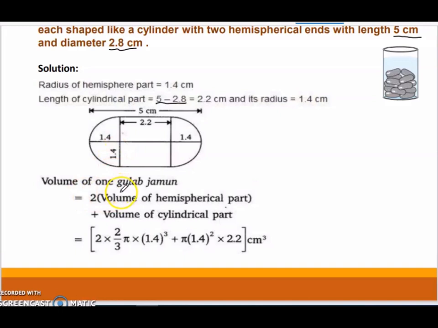With that you will evaluate volume of one gulab jamun, that is 2 times volume of the hemispherical part. 2 hemispheres are there, so 2 times this volume plus volume of the cylindrical part. That is 2 into 2 by 3 pi r cube plus pi r square h, that is pi into 1.4 square into h, the volume of the cylindrical part.